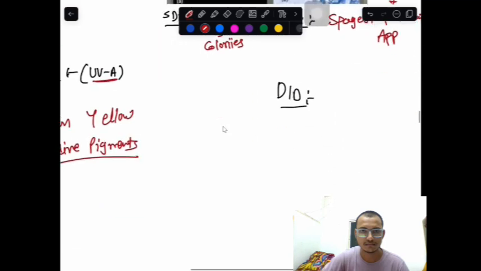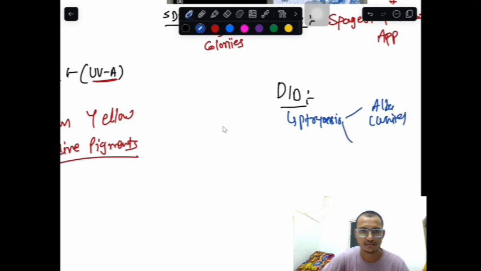Some other differential diagnoses are pityriasis alba, alba means white. Rosea, rosea means rashish, which happens due to HHV-6 and 7 infections.